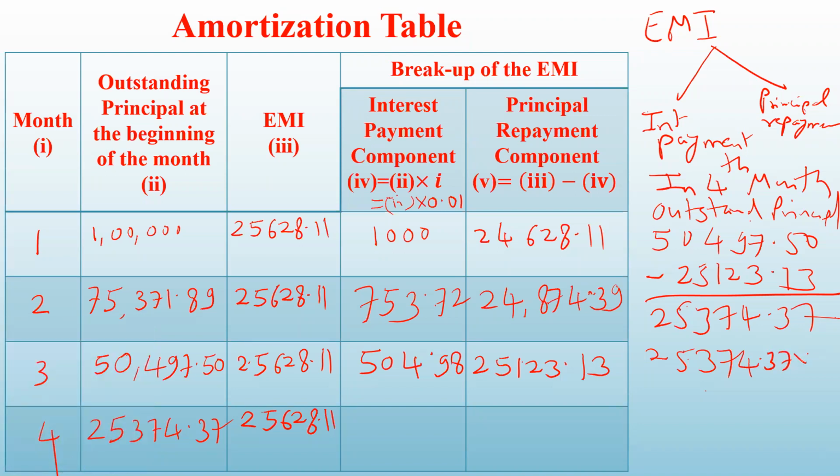Okay, how much you will get? You will get 253.74. Okay, so from this much EMI amount, this much has gone for the interest payment. So what remained? 25,628.11 minus 253.74.